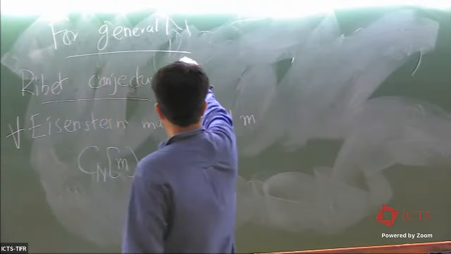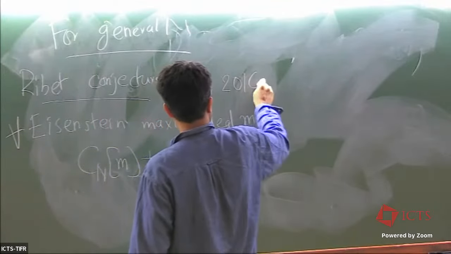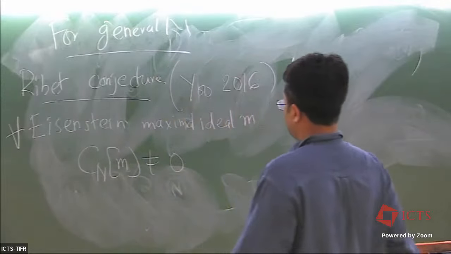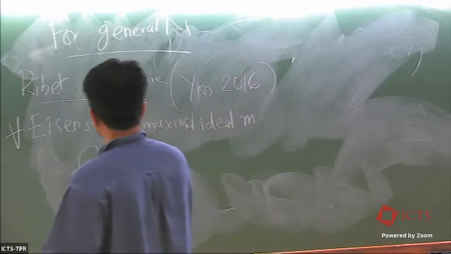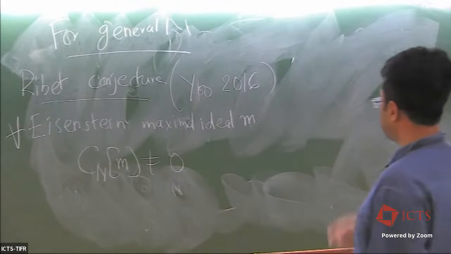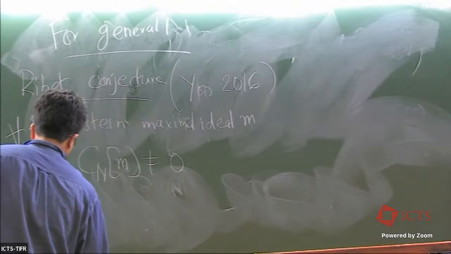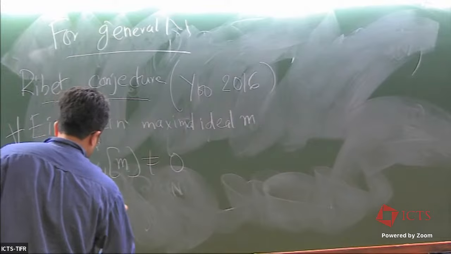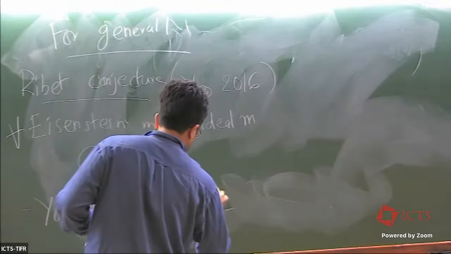The reference for this is his student Hwajong Yoo's paper, I think 2016 Israel Journal of Mathematics. He made this conjecture that Cn of M is non-zero for all n. And in this paper, he proved the same for n square free.